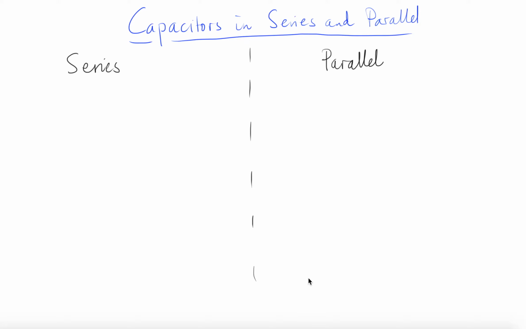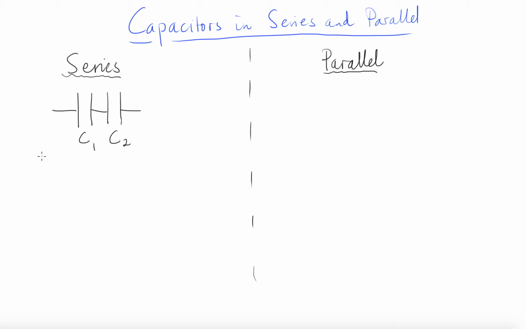Just like with resistors, we can combine capacitors both in series and parallel and find the combined capacitance. So let's connect two capacitors in series, C1 and C2.